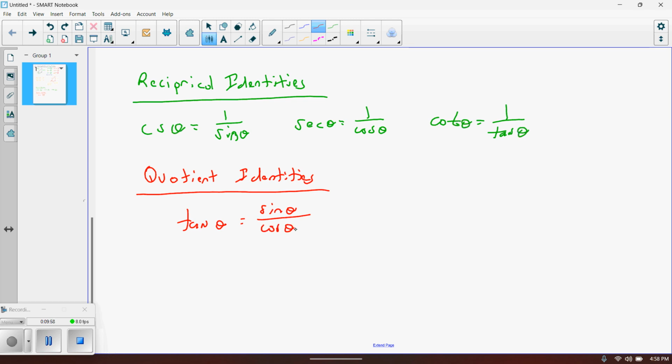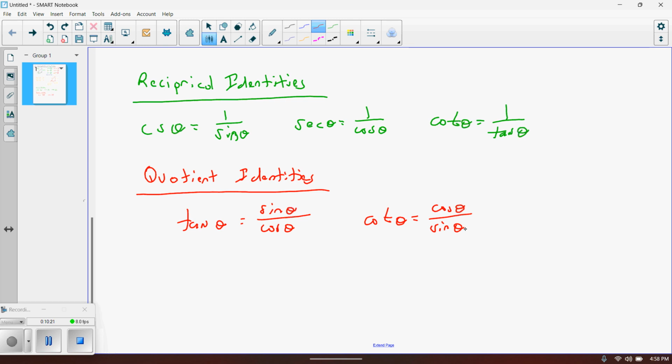When we actually get into the circle and how the circle actually equates to all this stuff, this will hopefully make a lot more sense. And then cotangent of theta, well, since cotangent is the reciprocal of tangent, you can literally just flip the sine over cosine upside down there and get cosine over sine. And of course, of theta.